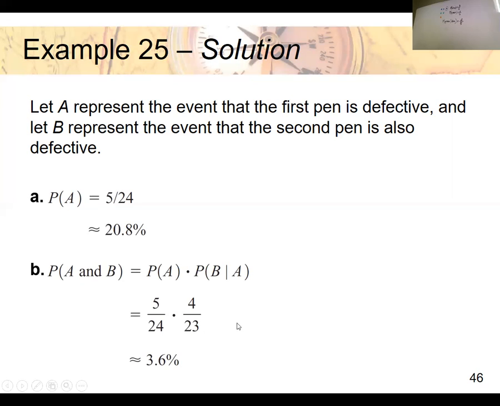And then convert that to a percent, you'll get 3.6%. So the probability that both pens are defective would be approximately 3.6%.